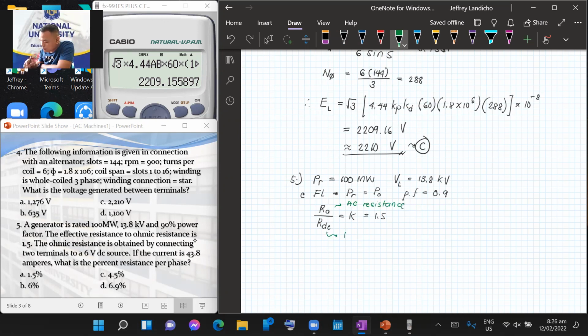As for RDC, from the term itself, that is the DC resistance. So always consider that AC resistance is always greater than DC resistance. Why? The reason the resistance becomes larger in AC is the skin effect. Why skin effect?